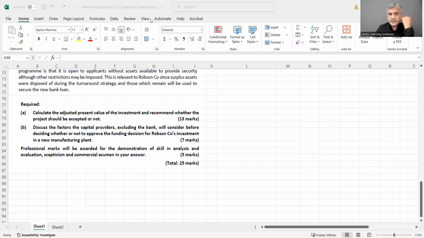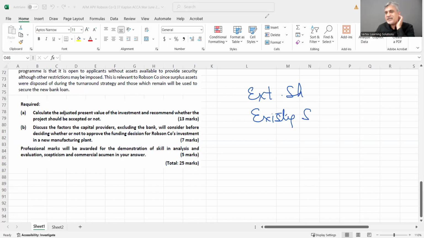Okay, for this particular theory part B, for 7 marks, they ask you to discuss the factors the capital providers will consider before deciding whether or not to approve the funding decision, excluding the bank. So if I exclude the bank, I've got capital providers for external shareholders. I've got my existing shareholders.